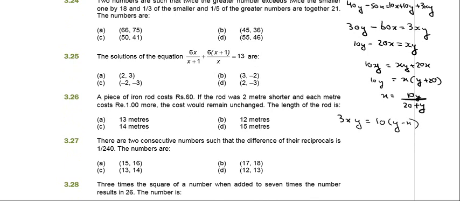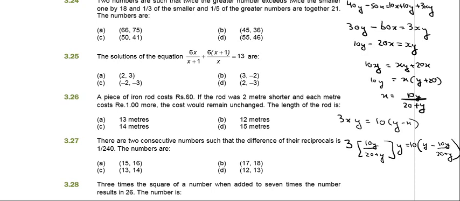Substituting the value of x over here, our equation will become 3 times 10y over 20 plus y into y is equal to 10y minus 10y divided by 20 plus y.